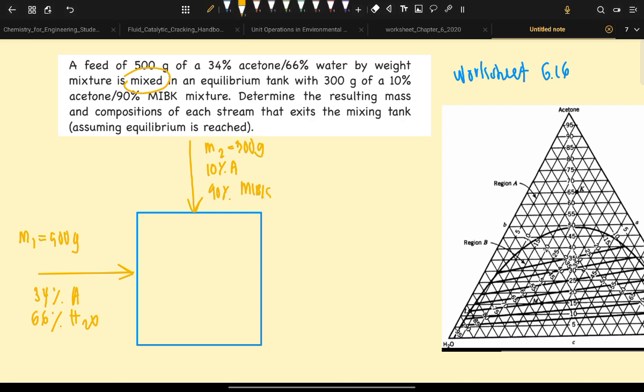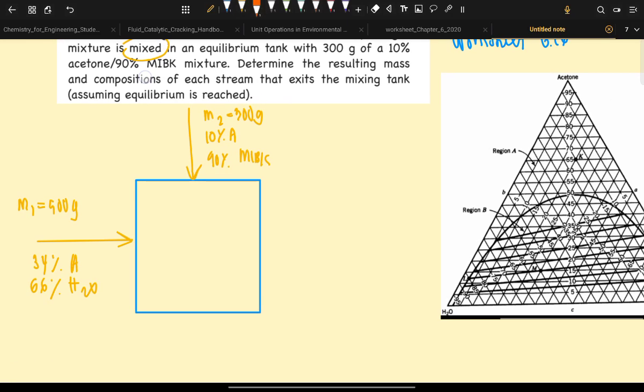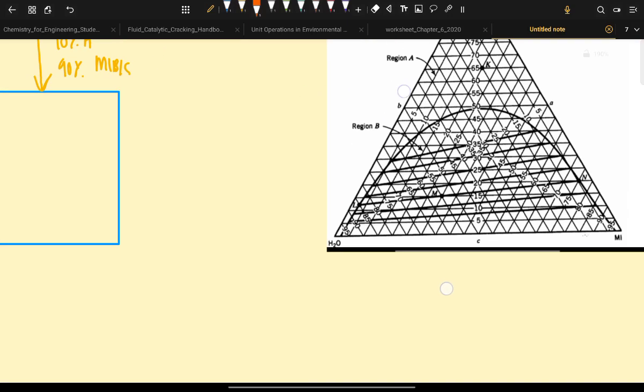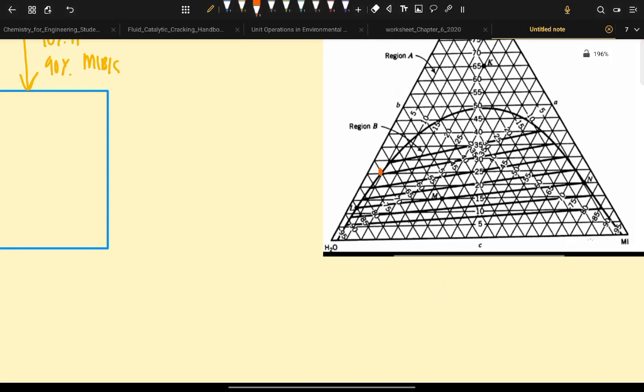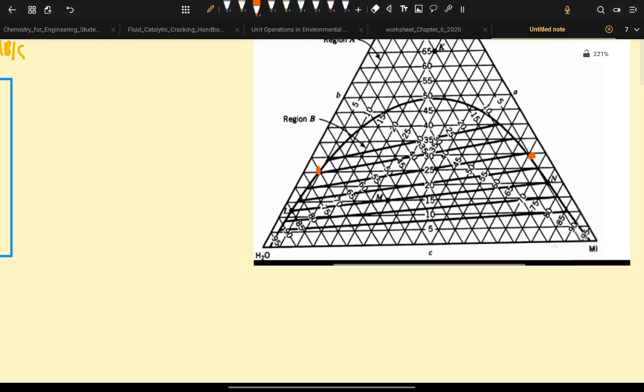And what dia kata, determine the resulting mass and composition of its streams that exit the mixing tank, which is here we want the resulting mass. Actually resulting mass ni we can know two parts, which is M3 and M4, because this diagram will show us two points here. So we got two answers, which is the M3 and M4 punya composition.